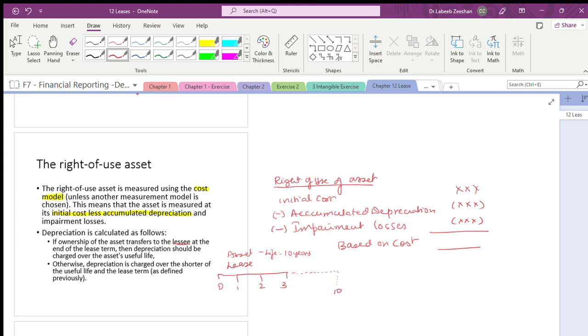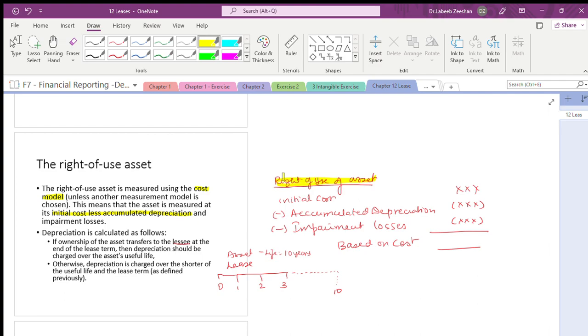Right now we are talking about how we calculate the value of the asset when we have the right to use. At the end of the lease period we will get the ownership based on the structured payments.